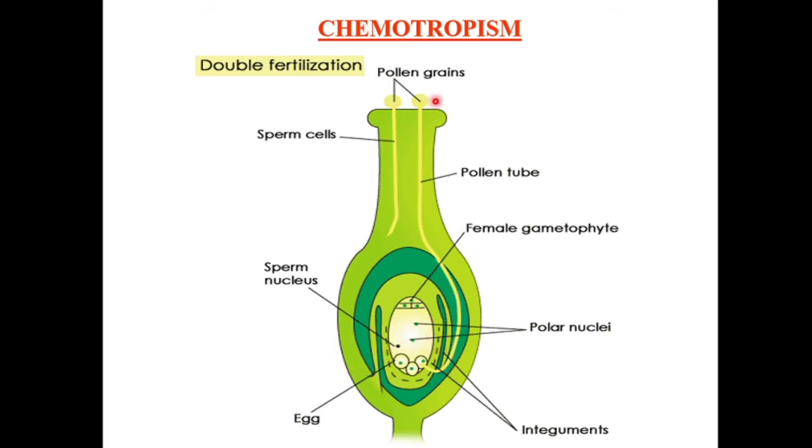Now pollen grains do not directly go to the egg. What happens is a tube grows towards the egg. How does the tube know that it will grow towards the egg, or that the egg is in this way? It knows by chemotropism. Due to a certain chemical, it follows the chemical and grows towards the egg. So that is chemotropism.